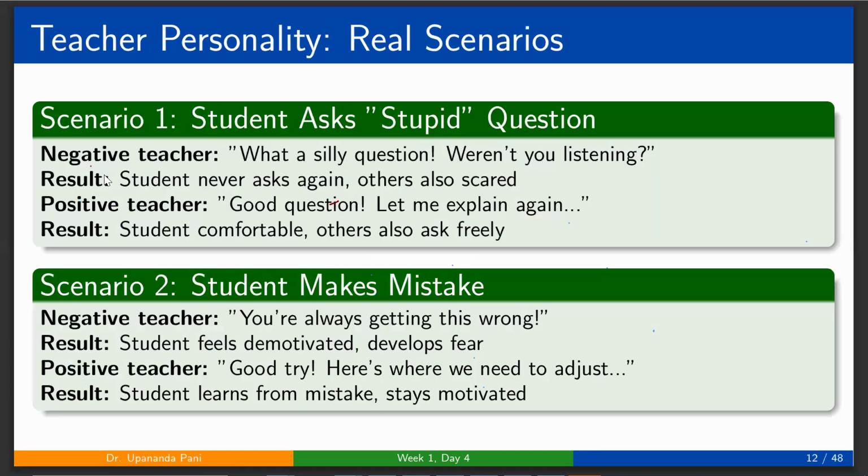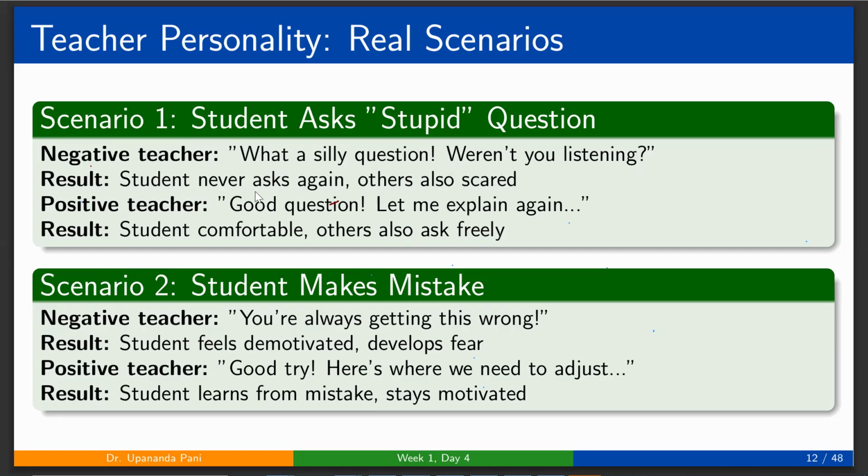Next, we'll go to the next. First we'll see some real scenario questions on teacher personality. Scenario 1: a student asks a stupid question. What are you going to do? A negative teacher will quickly say, what a silly question, why are you not listening?